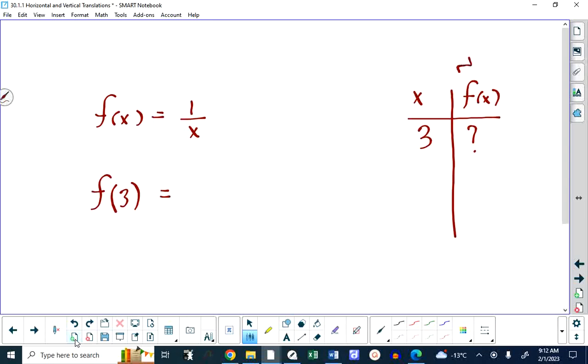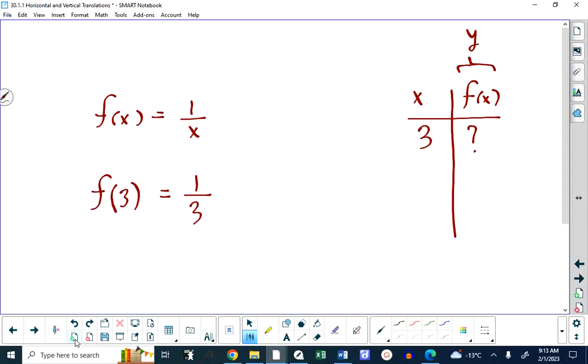But this is y, right? So all f of 3 is asking you, I'm going way back to math 10, is to find the y coordinate of the function when x is 3. And how do you do that? Well, you write that.